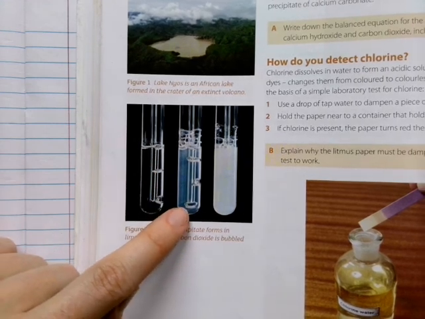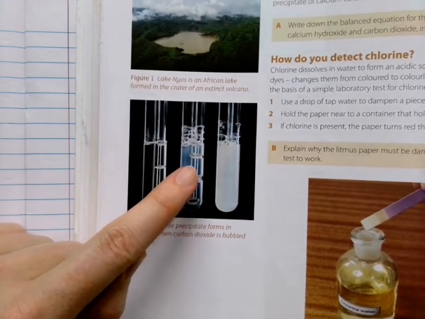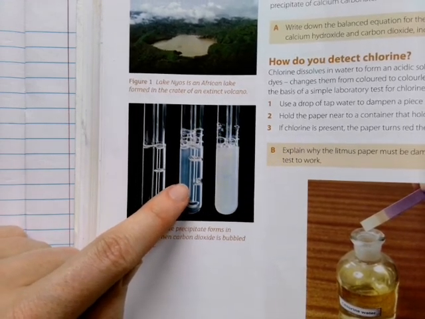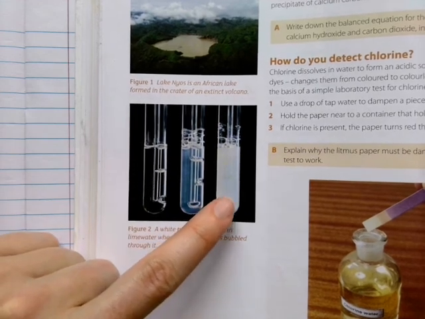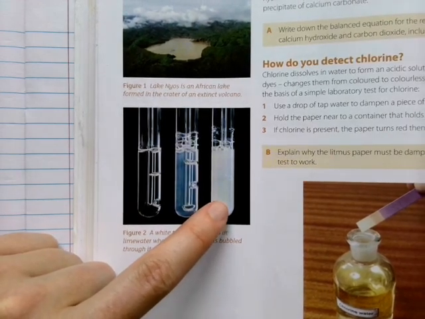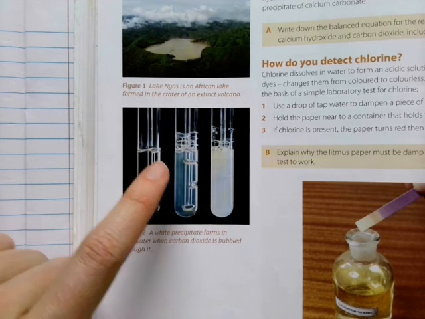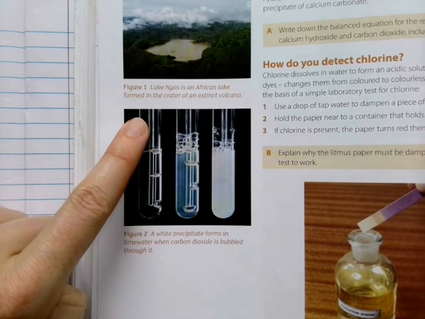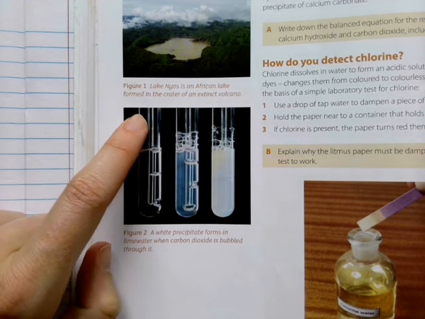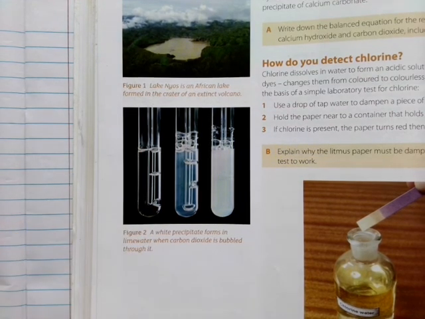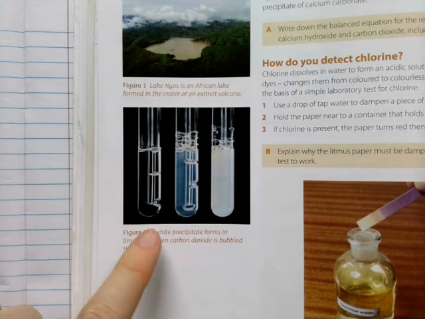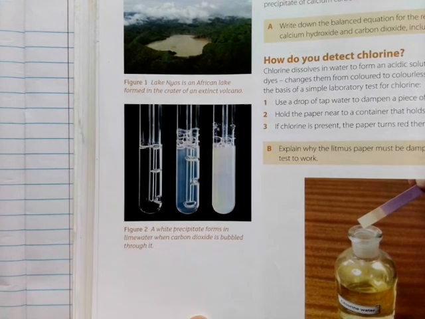And you can see that as more carbon dioxide goes through the lime water, it starts to go cloudy and then will turn this sort of milky colour. We can do this when we go back to school. You might have done it before in a lower year, where you blow through the straw because you breathe out carbon dioxide. So that's what the test for carbon dioxide gas looks like.